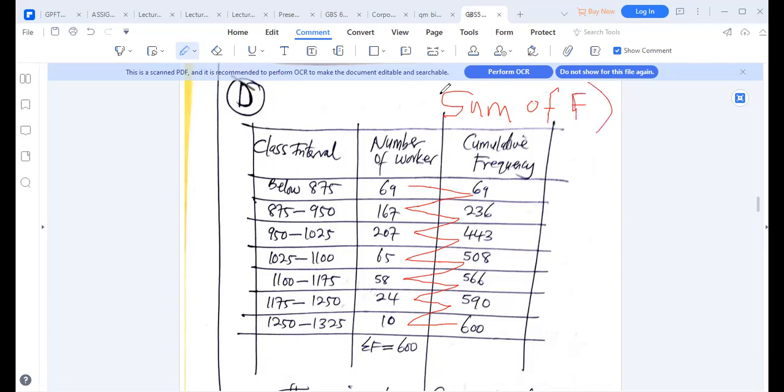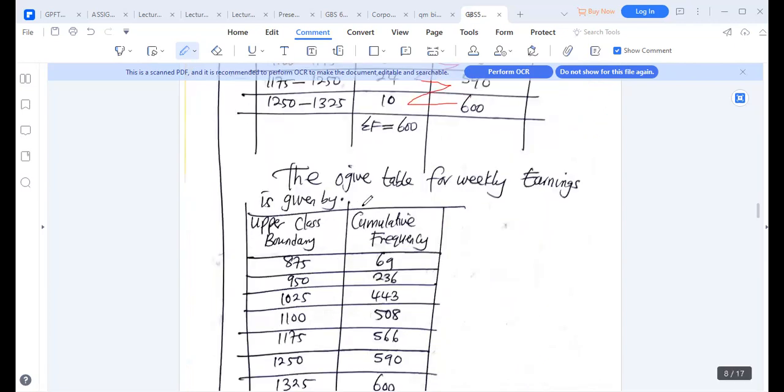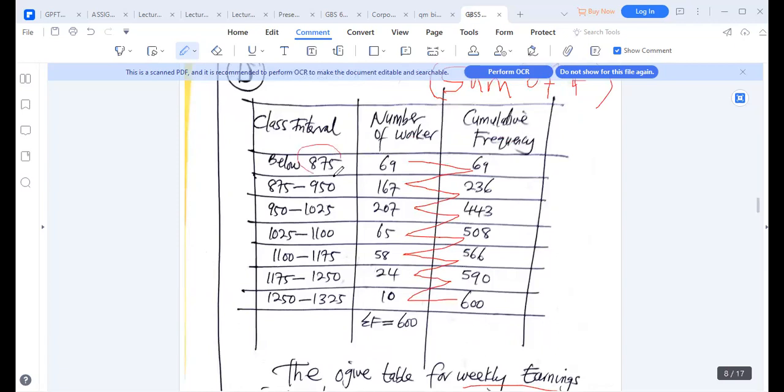Now, the OGIVE table for the weekly earnings is given by the upper class boundary and the cumulative frequency. We use the upper class boundary and the cumulative frequency. So we are using these upper values and the cumulative frequency.